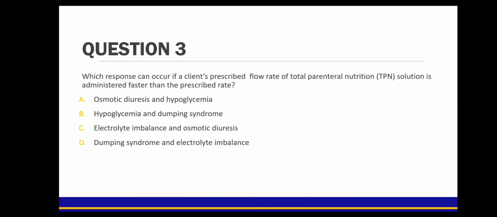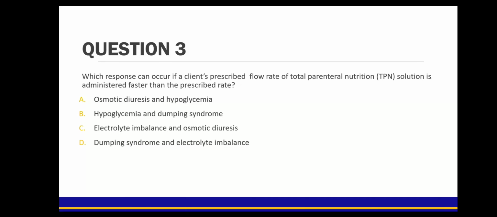Basically, you increase your urine output because of this osmotic pull of fluid into the intravascular system. You may get potassium and sodium imbalances, which are the more common electrolyte imbalances you would see, but you definitely are going to see electrolyte imbalance and osmotic diuresis when you're giving TPN too fast. And like I said earlier, dumping syndrome is more related to enteral feedings than it is to TPN.